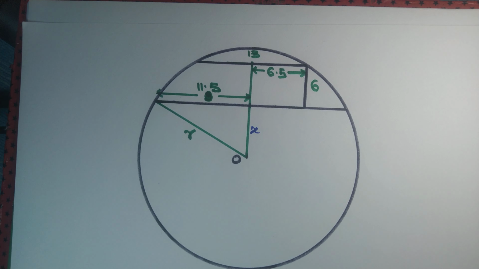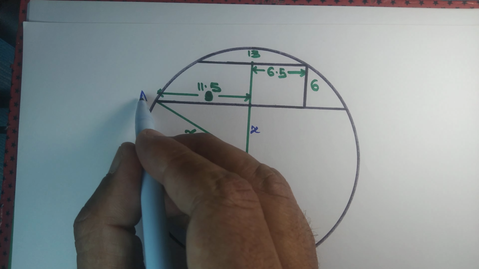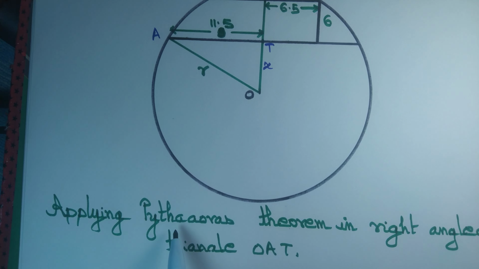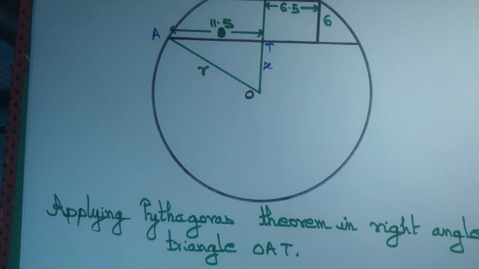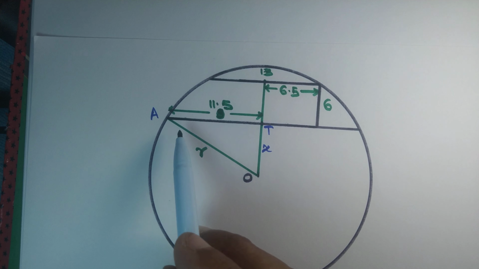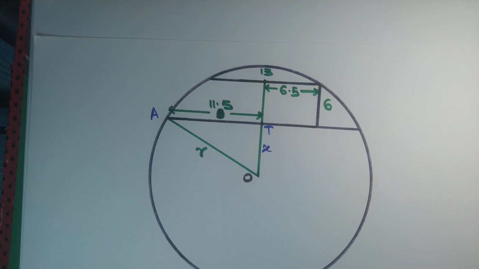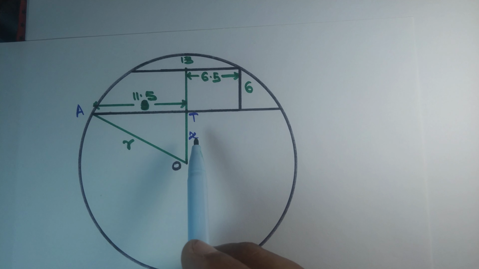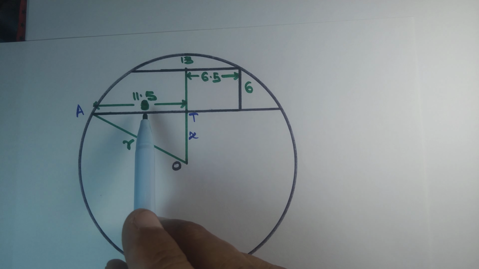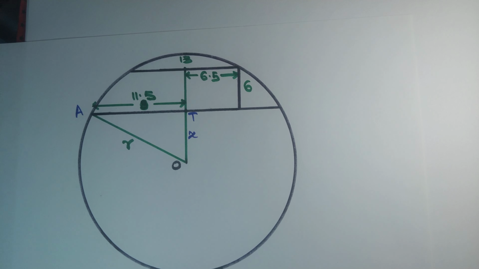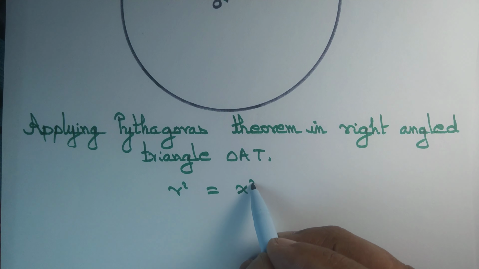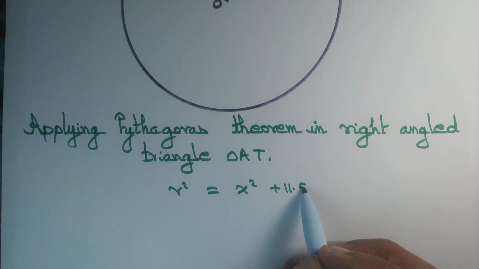Let us consider triangle OAT. Applying Pythagoras theorem in right angle triangle OAT, R is the length of the hypotenuse. So R square equals perpendicular square, that's x square, plus base square, base is 11.5 square. So R square equals x square plus 11.5 square.